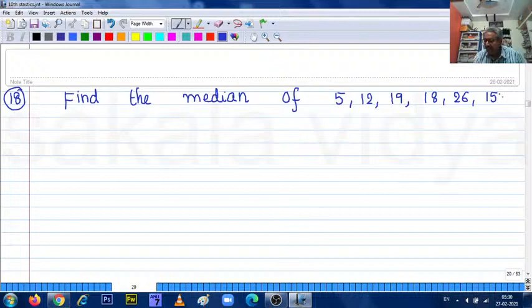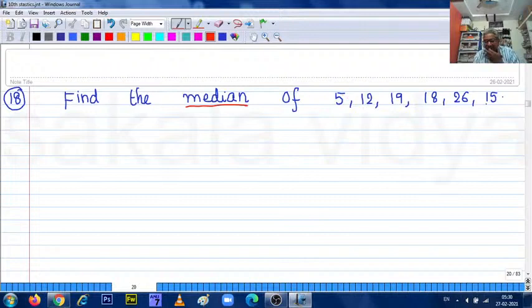So now this problem is related to the median, not the mean or mode. This is the median we need to find out. So find the median of the observations 5, 12, 19, 18, 26, 15.